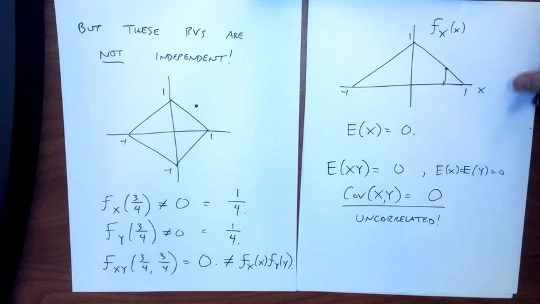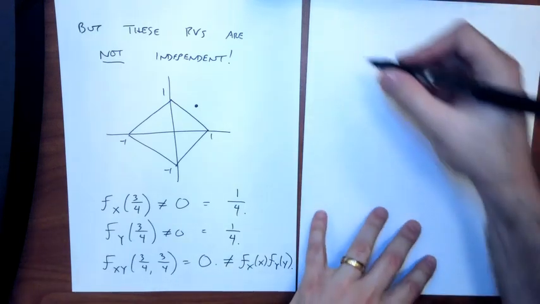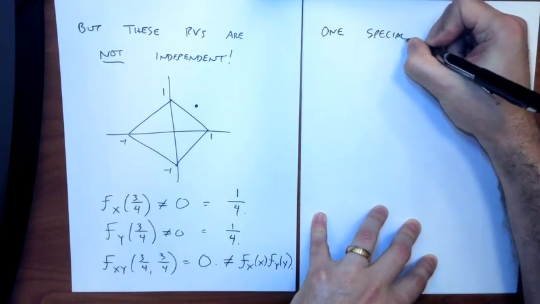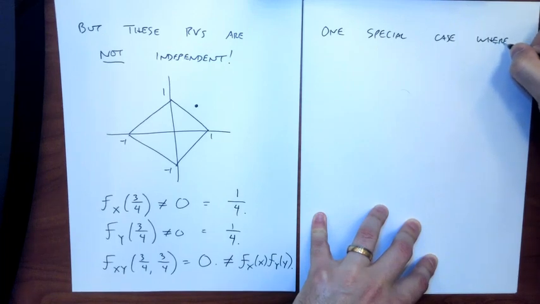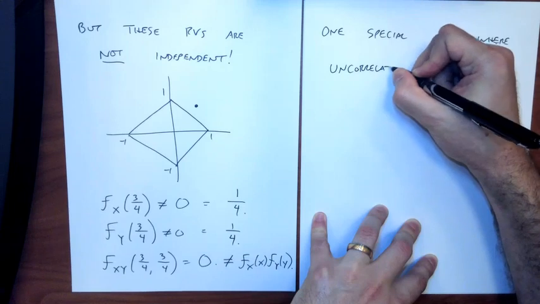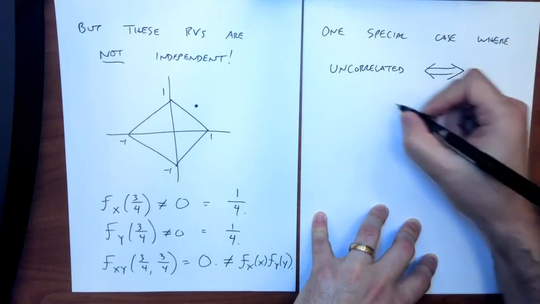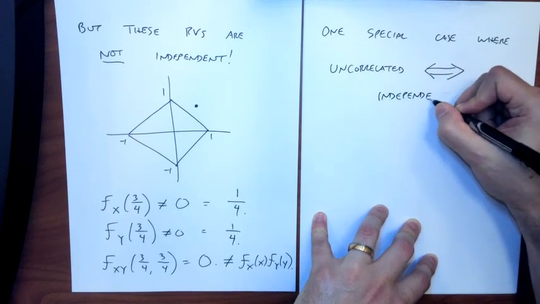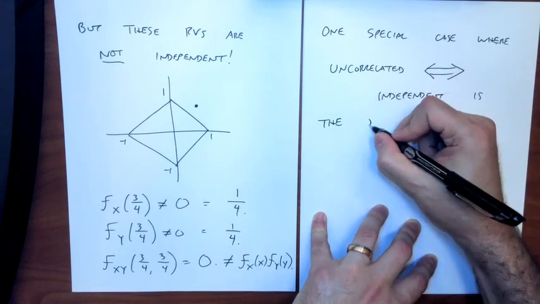So one special case where, if I tell you that things are uncorrelated, it turns out that uncorrelated and independent are the same thing, is the joint Gaussian.